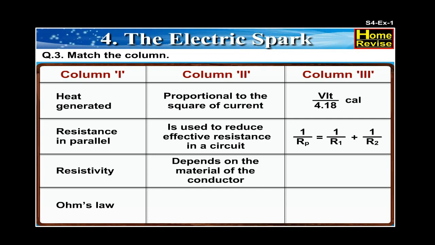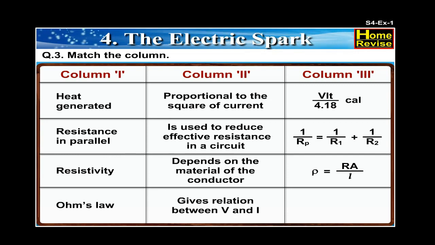Resistivity depends on the material of the conductor. Resistivity ρ is equal to Ra upon L. Ohm's law gives relation between V and I, where V is equal to IR.